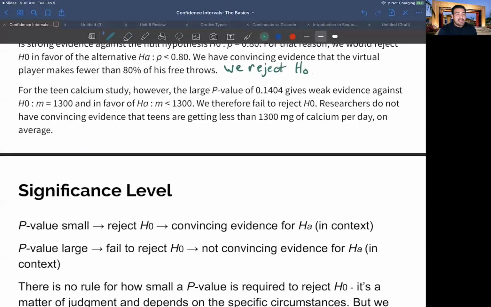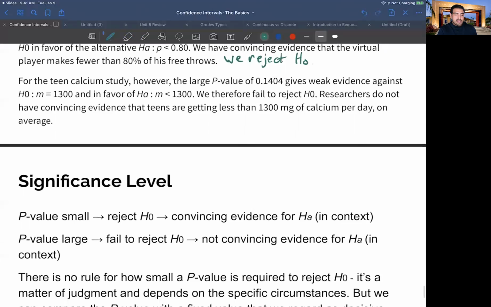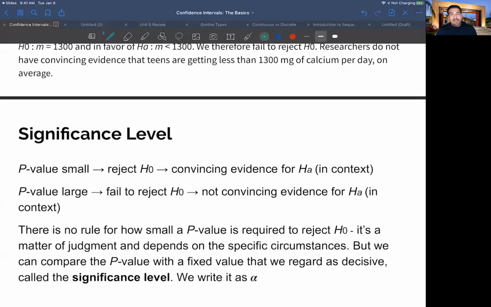So for a significance level, the p-value, right? In order to reject, if we have a small p-value, we're going to reject the null hypothesis, right? If we have a large p-value, we're going to fail to reject the null hypothesis. There's no rule for how small of a p-value is required. It's a matter of judgment based off of your circumstances, based off of previous experiences and experiments, right? But what we have to do after we run the test is we have to give ourselves a marker.